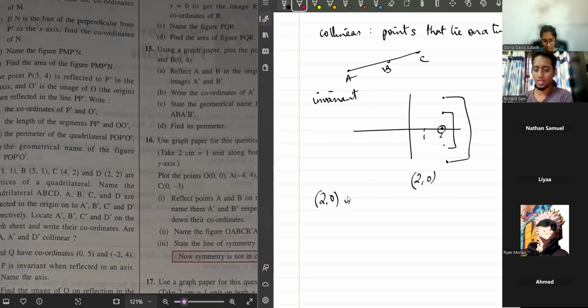When you reflect it on the x-axis, what will it become? 2, minus 0. But there's no minus 0. 0 and minus 0 is the same thing, so it's just 0. So 2, 0 will be 2, 0 only after reflection on the x-axis. Therefore, we call this point invariant. Is that clear?